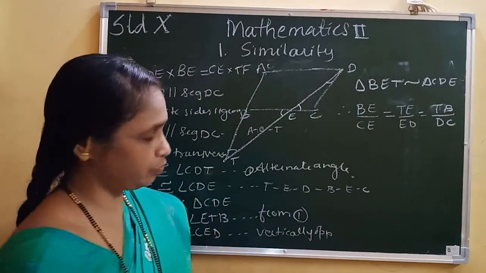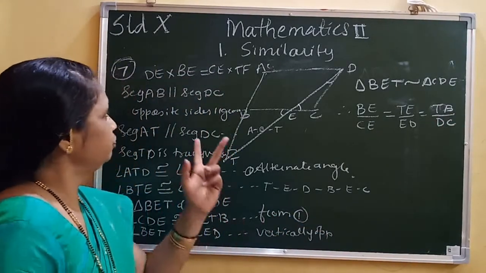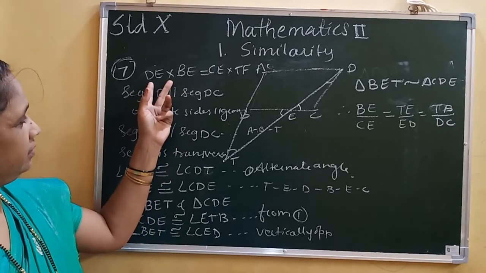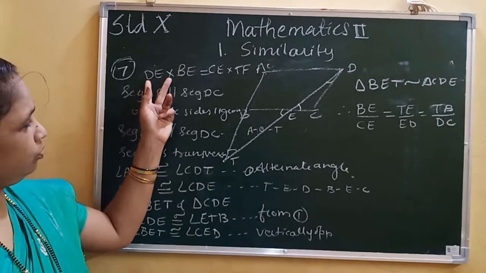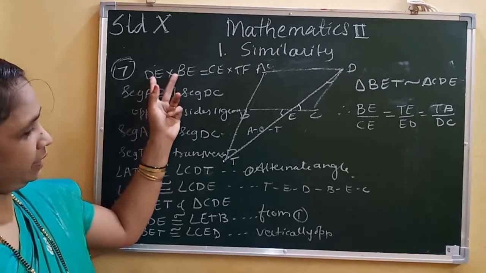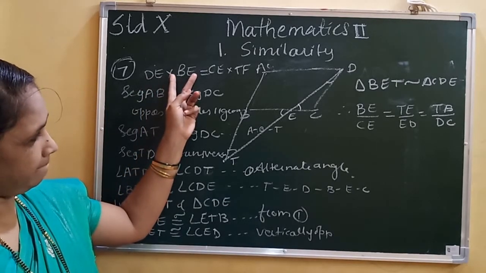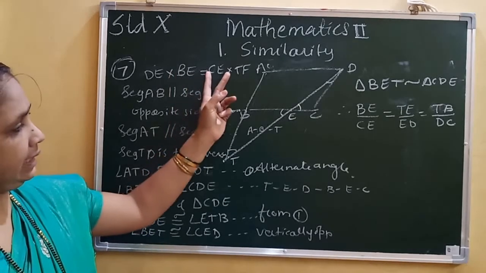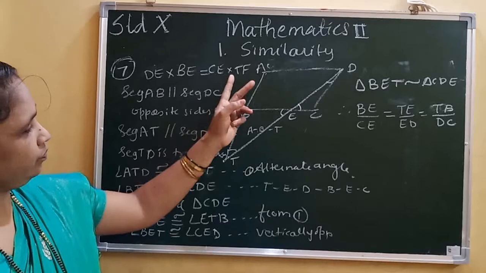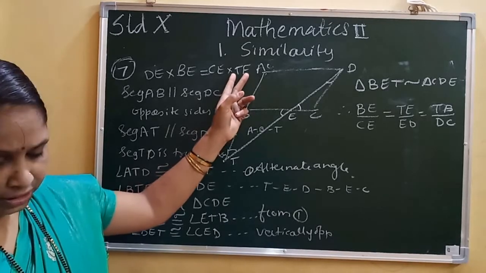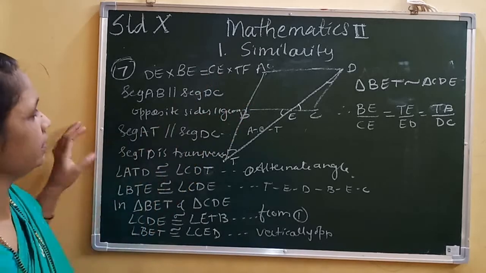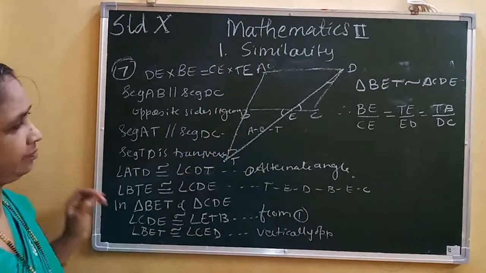Okay, now what we have to prove? BE into DE and CE into TE. Okay, TE it is TE.